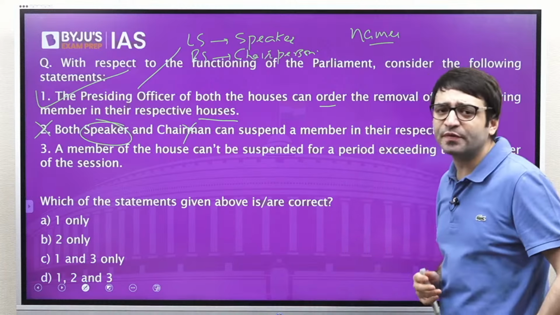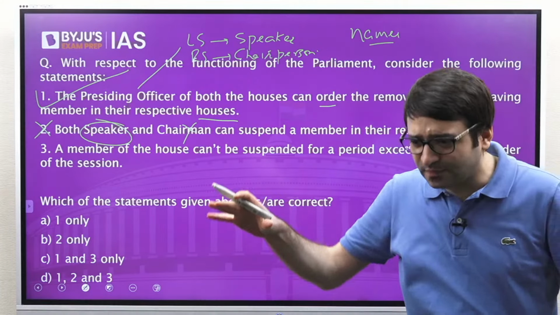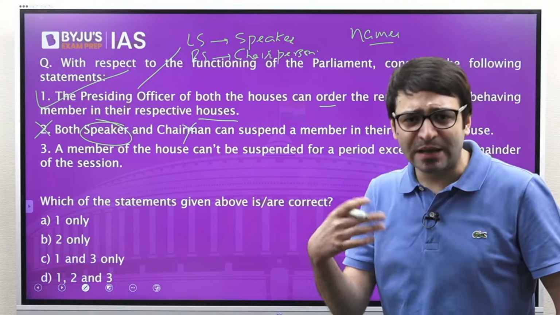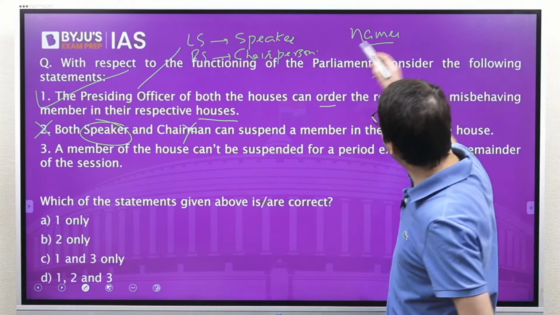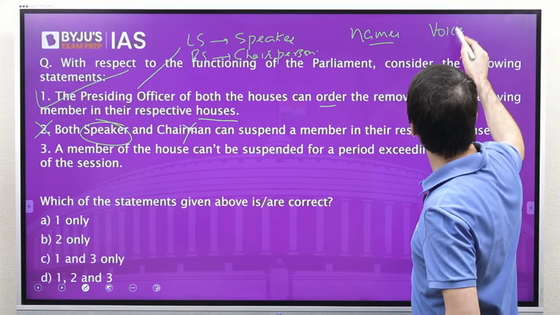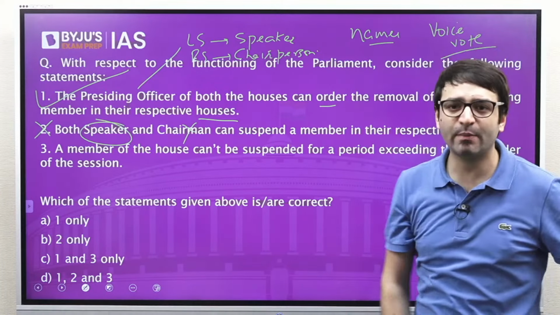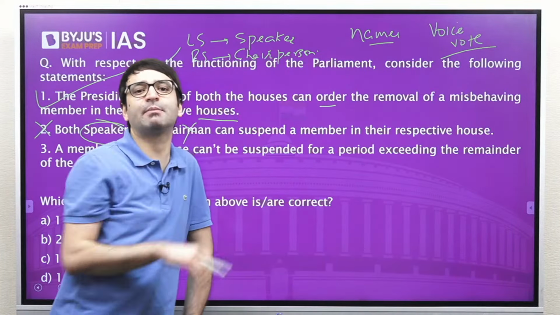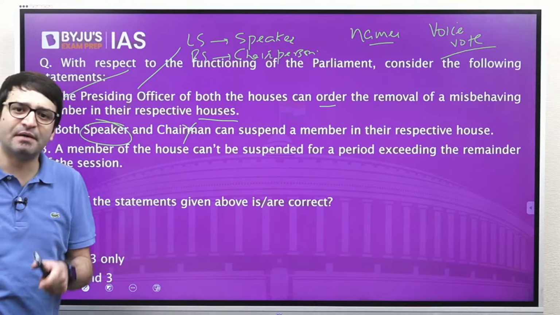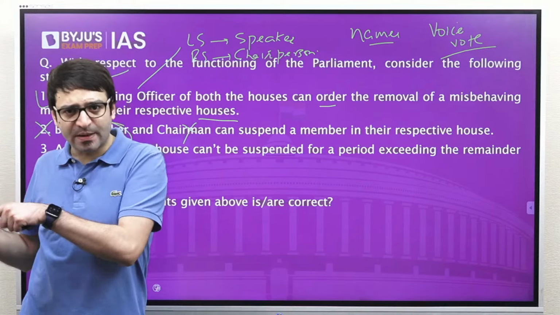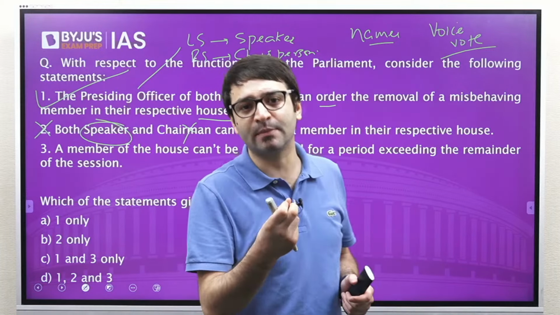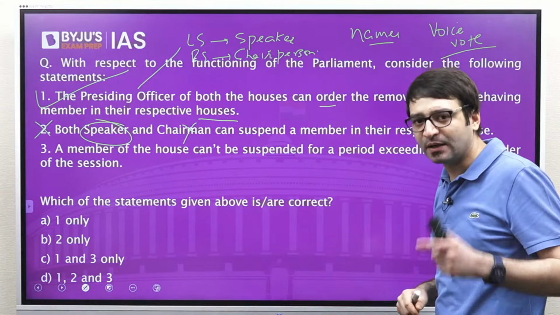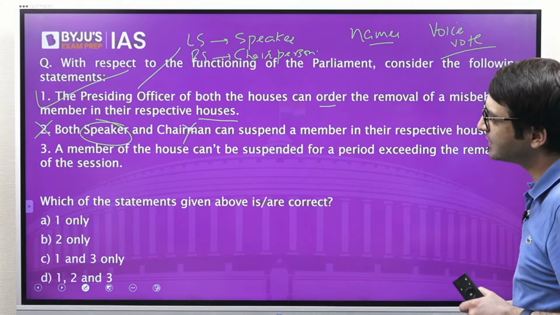And this was the controversy when, in the last few years, some MPs have been suspended from Rajya Sabha, and voting has taken place through voice vote. Through voice vote, Rajya Sabha MPs have decided to suspend some of their colleagues. But this power is with the Speaker of Lok Sabha to suspend an MP, while in Rajya Sabha this power is with the House, not with the Chairman of Rajya Sabha. So statement 2 is incorrect.